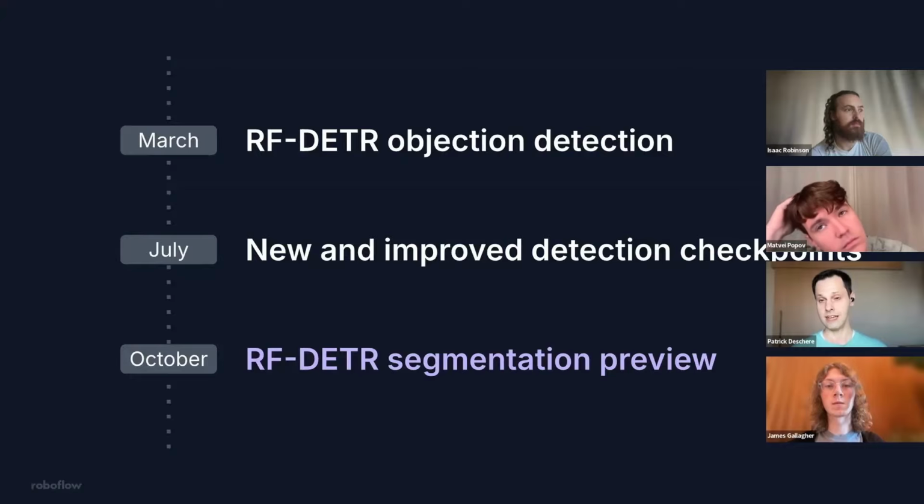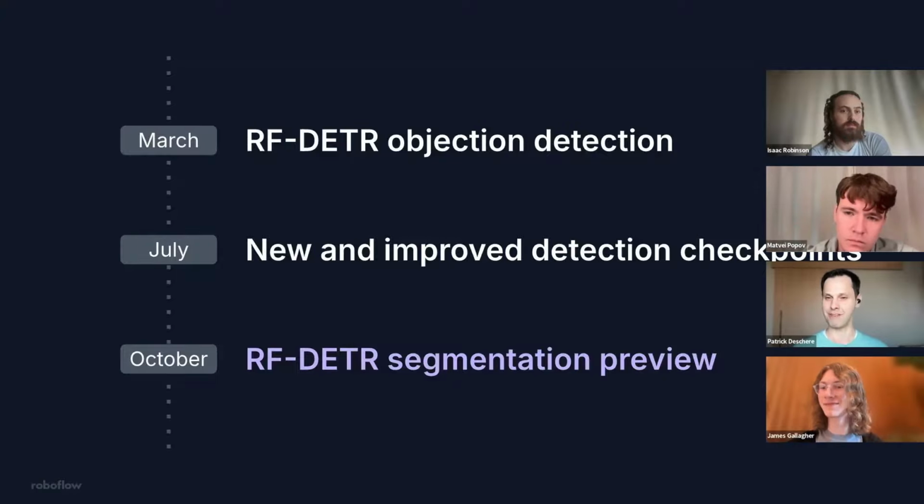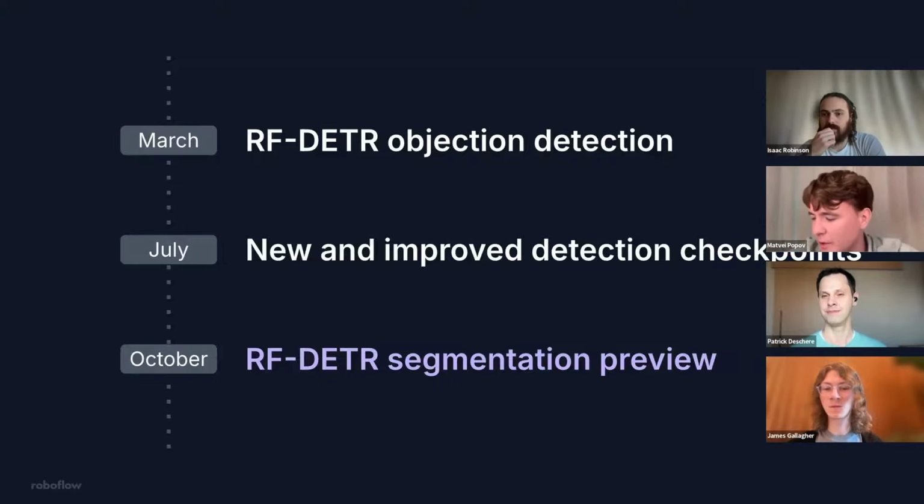And then today we got together to have this session because I think it was just last week that the RF-DETR segmentation preview was released. Matvei, could you give me a quick introduction to what the news was last week? Yeah, so we basically released a preview of RF-DETR Segmentation, which is the instance segmentation model that you mentioned, Patrick.